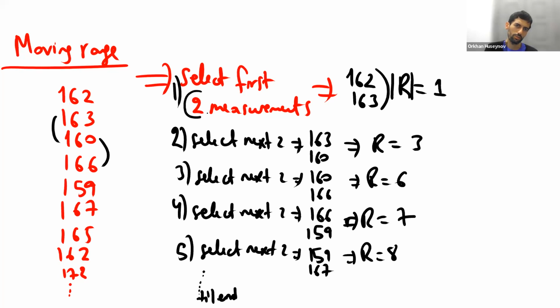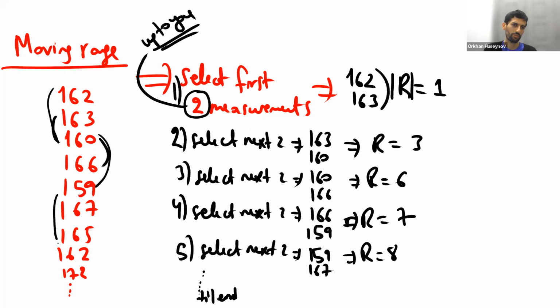These two, this one is up to you. You can go with 3, you can go with 4. You can select the first 3 and the next 3, and the next 3. You can go this way as well.